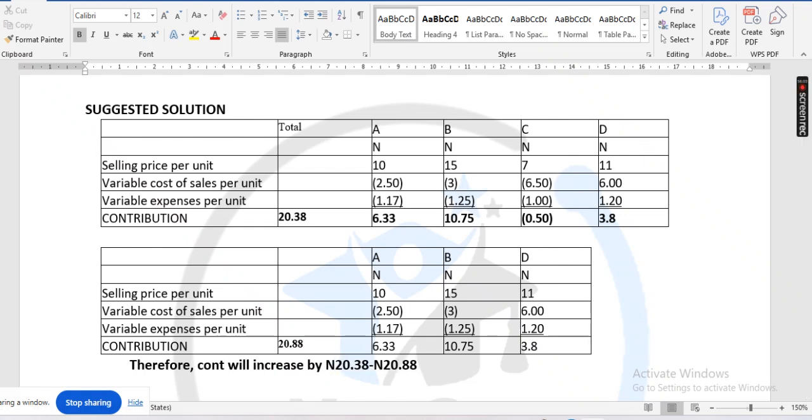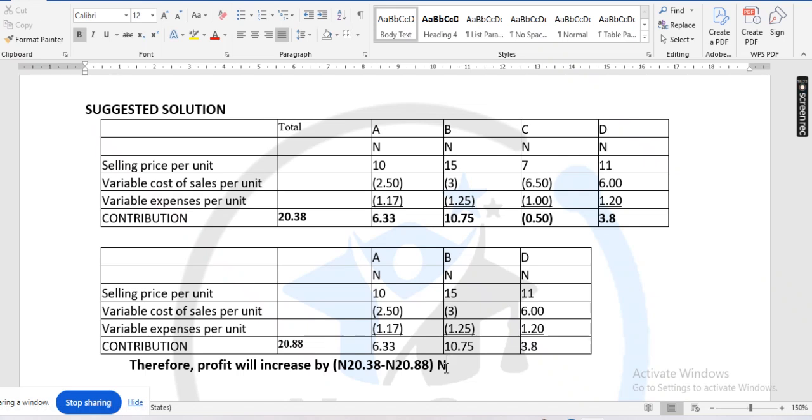Let me put it: profits will increase by, so what is the increase? What is the difference? 50 kobo.